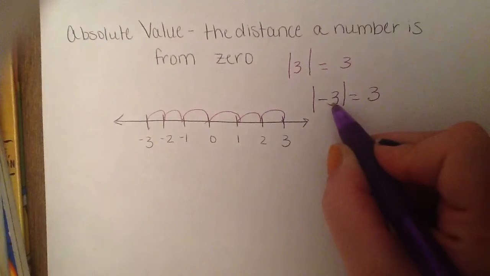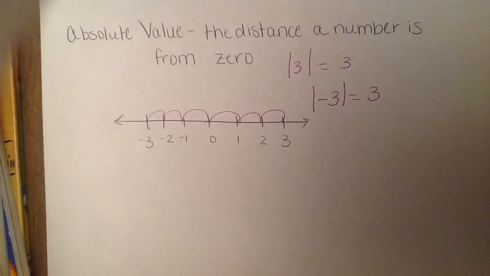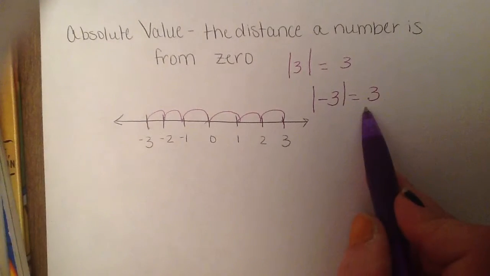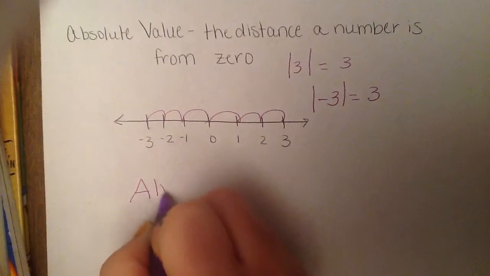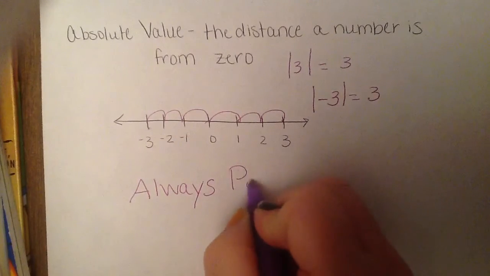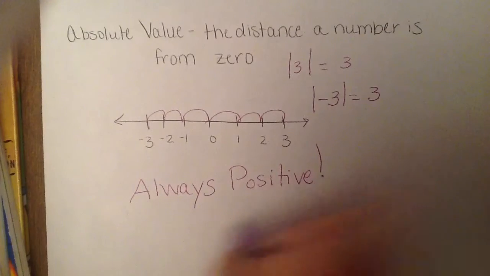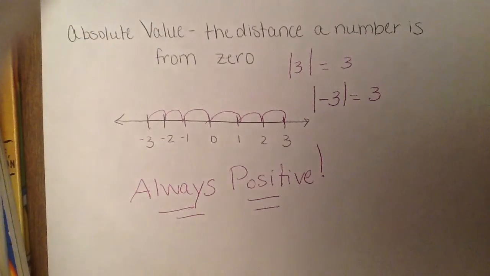So the absolute value of negative 3 is 3. These absolute value bars simply make the number positive. Anything inside becomes positive. Absolute value or distance is always positive.